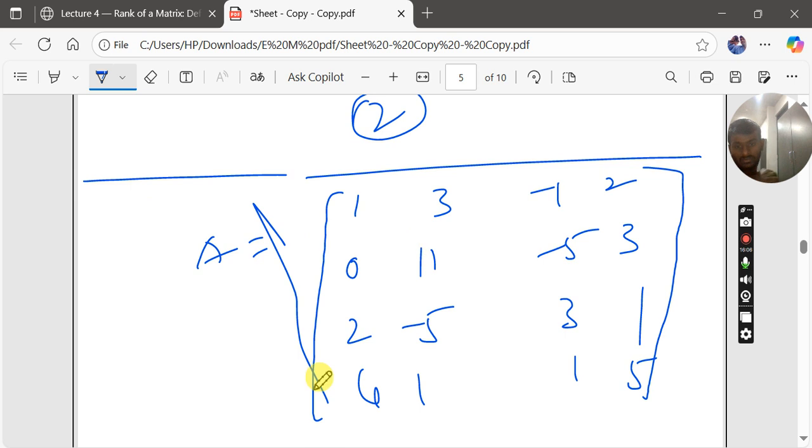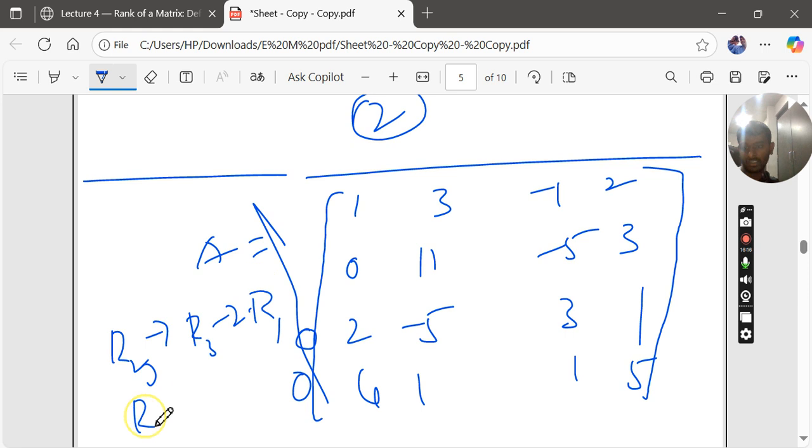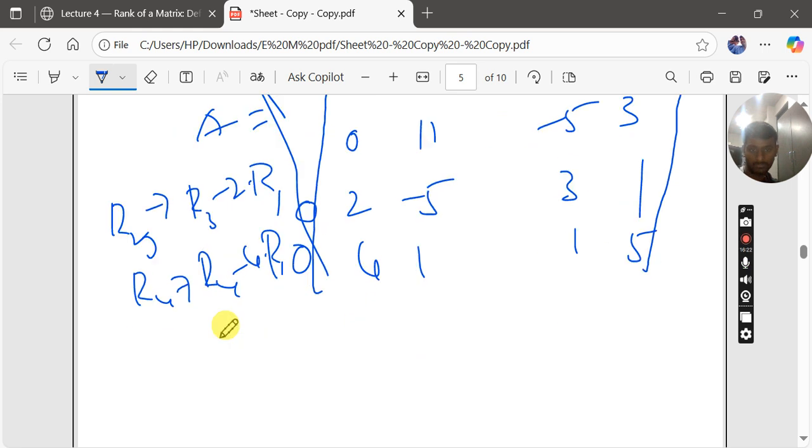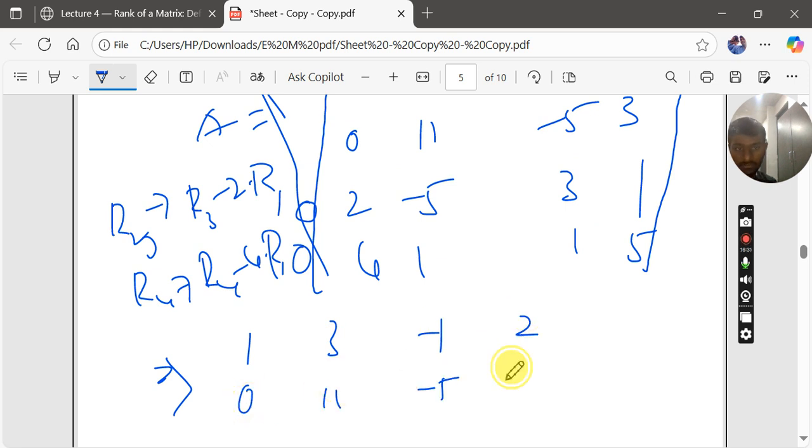So now I need to make 0 here and 0 here. So how can I do that? R3 implies R3 minus 2 times R1 and R4 implies R4 minus 4 times R1. So R1 will be the same: 1, 3, minus 1, 2, and 0, 11, minus 5, 3.